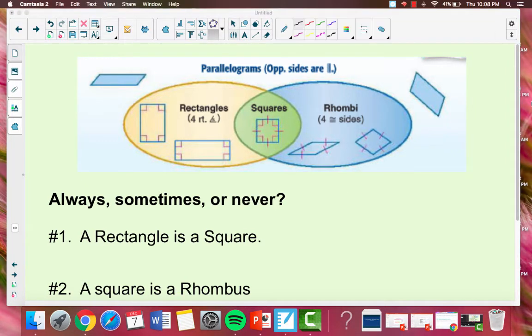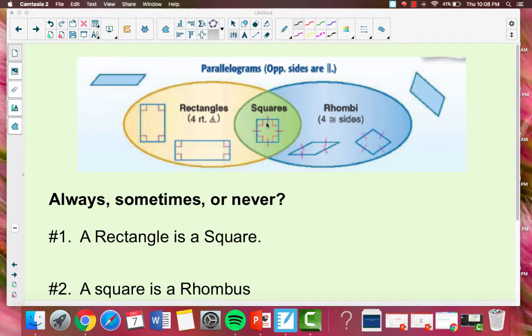The first two examples we're going to do in this section deal with this Venn diagram. So the first one says, is a rectangle always, sometimes, or never a square? So if you take a look at your diagram above, notice that a rectangle has a square in it. Now, a rectangle, all we know, means that we have four right angles. So can a rectangle ever be a square? Well, yes, of course it can. It's the most specific case when it has four congruent sides.